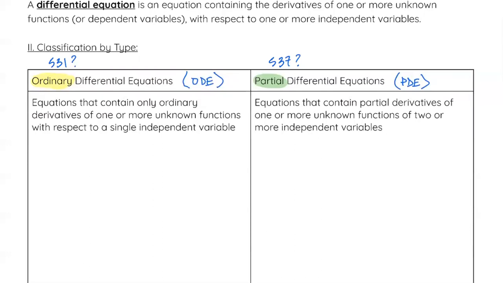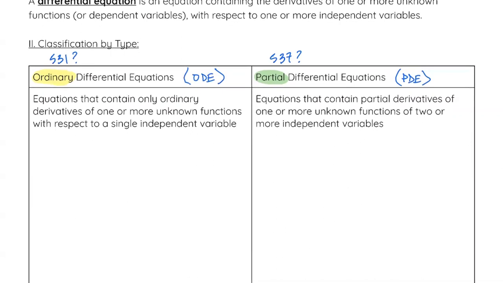Now, what we're going to be doing in this class is focusing on getting a really good ordinary differential equation foundation, okay? All of that will be important. If you ever choose to take partial differential equations, you'll still use a lot of our ODE knowledge to do that, okay? And so what do these things mean?